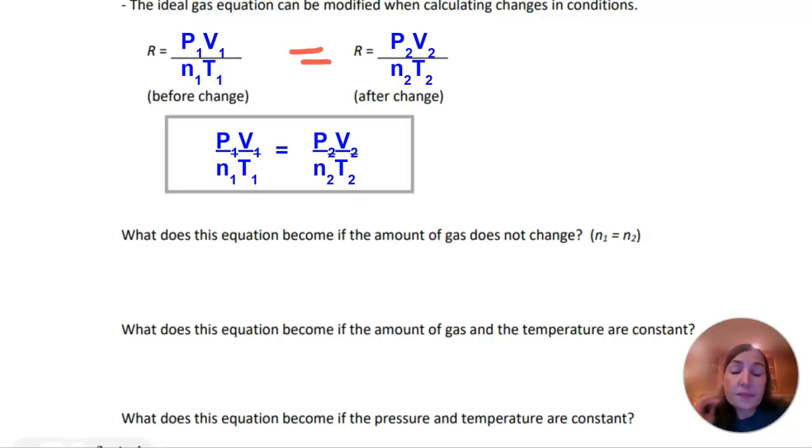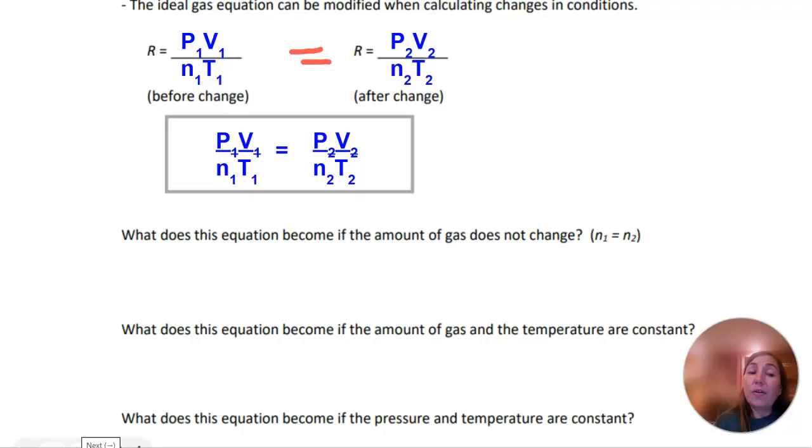Basically, we could be changing, in theory, all of the gas variables, and we could figure out what one of the new gas variables was going to be if we were changing the others. It allows you to change multiple gas variables and look at initial and final conditions. That's kind of the short story I was trying to say there.